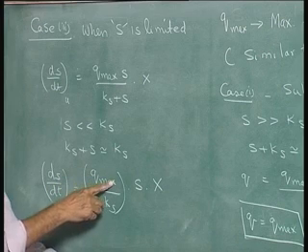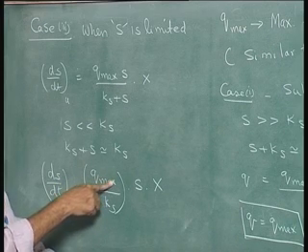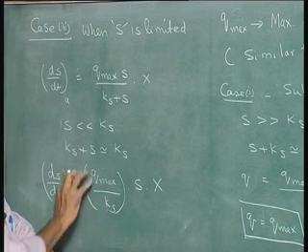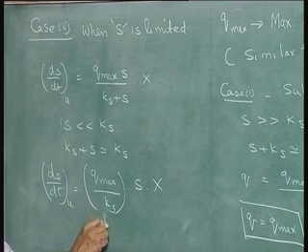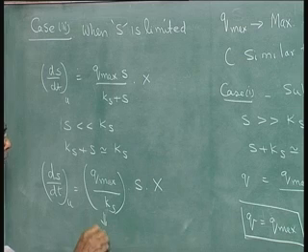So q max is a constant, as we know, Ks is a constant, so q max by Ks is a constant, this particular bracketed thing is a constant.